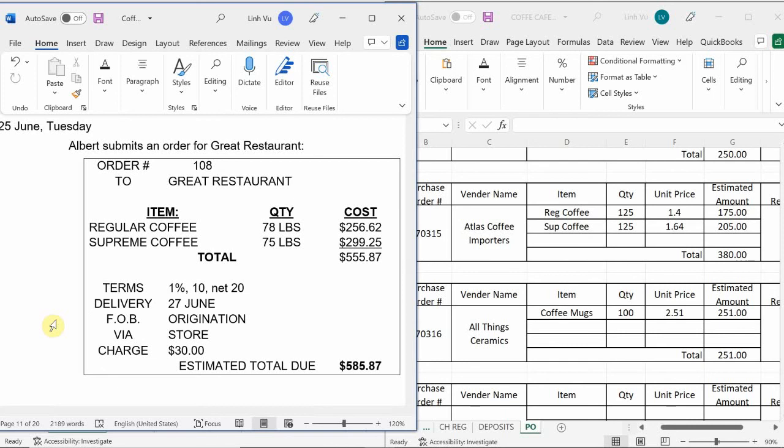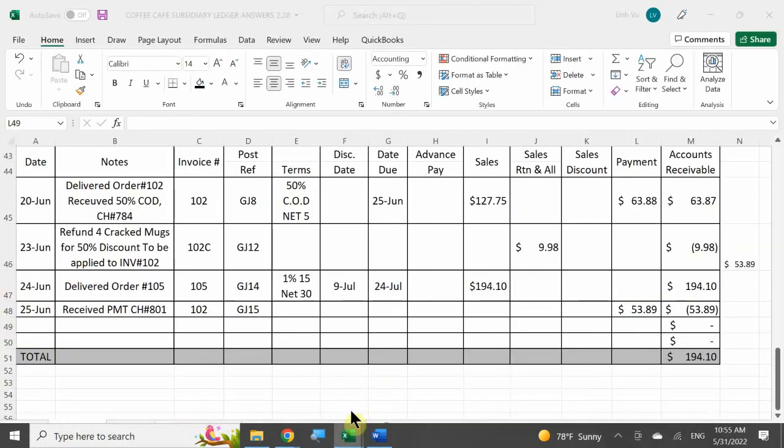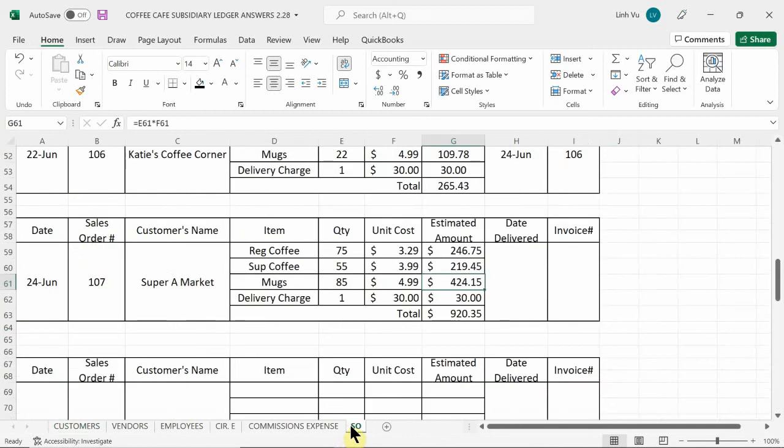So they want 78 pounds of regular coffee and 75 pounds of supreme coffee. No coffee mugs. We're going to charge them a $30 delivery fee for a total of $585.87. So let's plug that into our sales order.